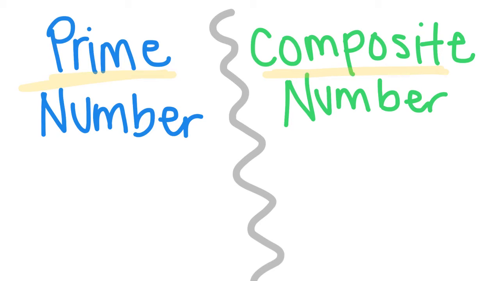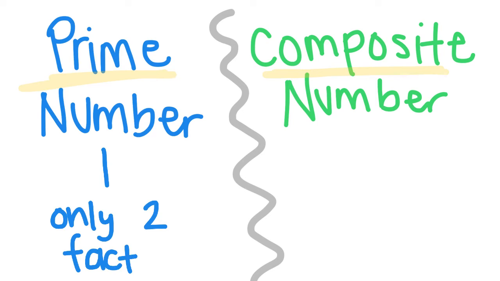So what does this mean, prime number versus composite number? Well, it's actually not too complicated. A prime number is a number that has only two factors. So think about when we were learning about factors and how usually there would be this long list of factors.